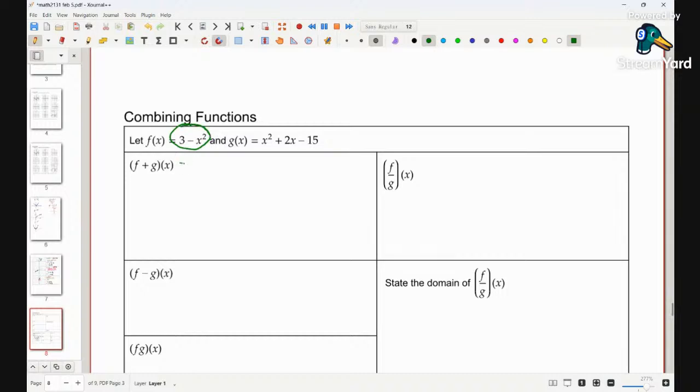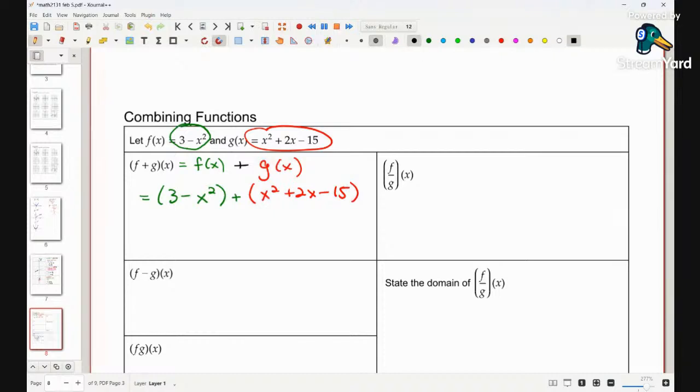F add G. This literally means add F to G. So we're going to write 3 minus x squared, add g.